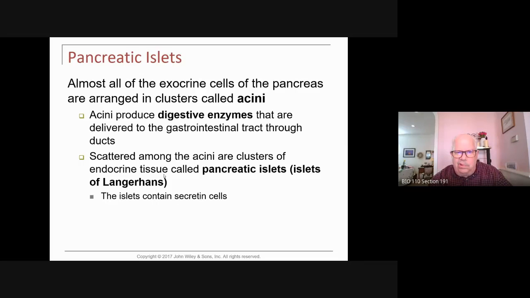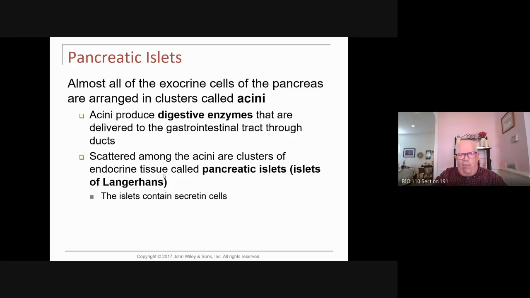These hormones are in the islets, and they're called the islets of Langerhans. These islets contain secretive cells that secrete 4 hormones. 90% of the pancreas produces digestive enzymes, but 10% in the islets of Langerhans produces hormones.